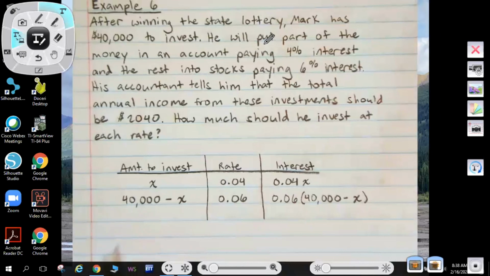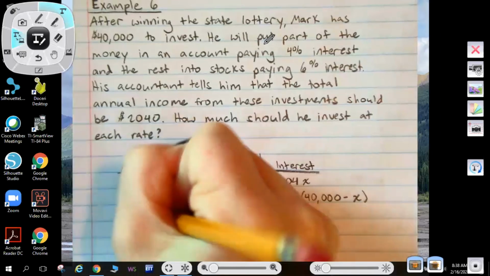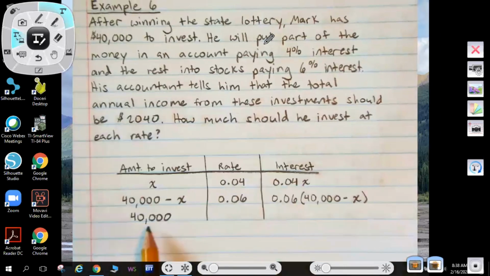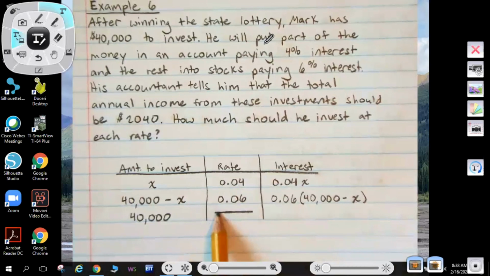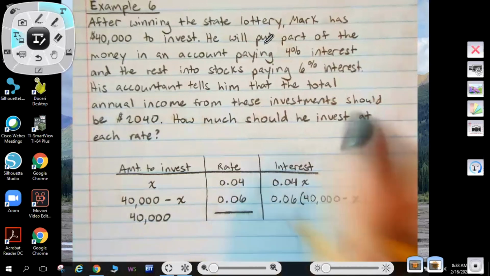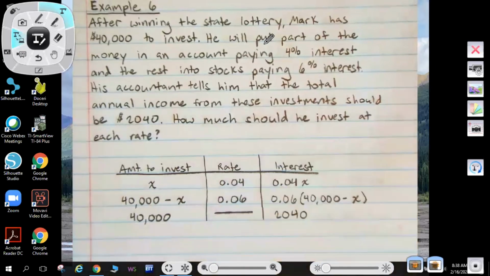So if we look at his total investment, the amount that he's investing in total is $40,000. It's going in at different interest rates. We're just going to skip over this section. But his total interest, we're told, or his accountant told him, should be $2,040.